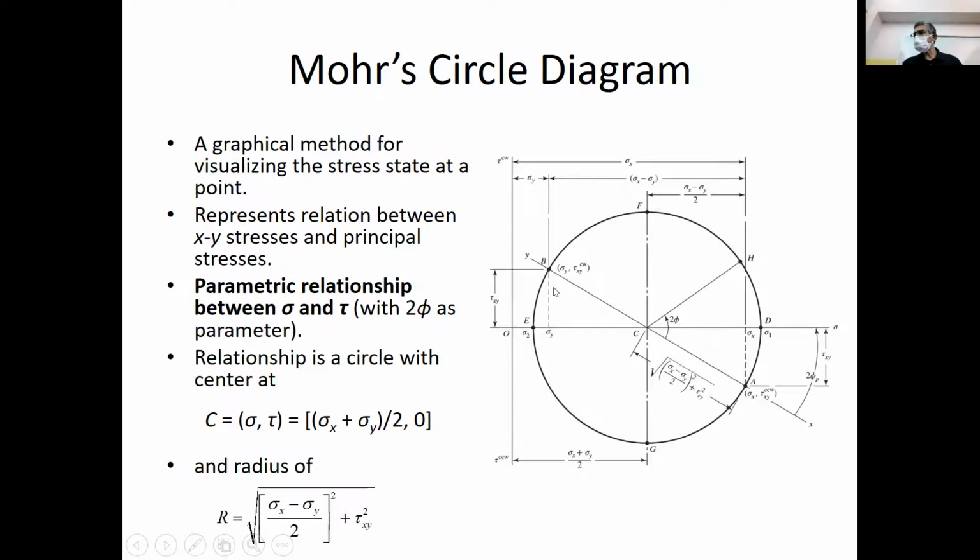So this distance is going to be equal to that distance in magnitude. But one tends to rotate the element in the clockwise direction, the other tends to rotate it in the counterclockwise direction. If I draw a line that connects these 2 points, where it intersects with the sigma axis is where my center is going to be. So without doing any calculations, just by identifying these 2 points, I can quickly draw my circle.